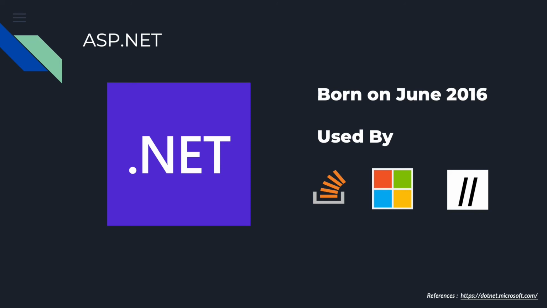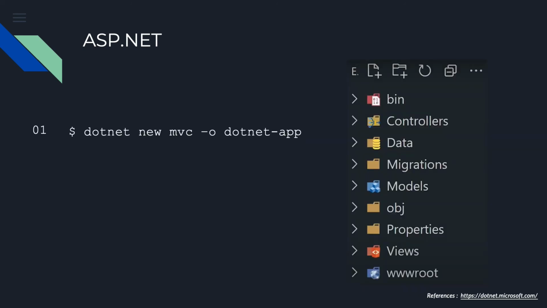It is used by many big corporations like Stack Overflow and Microsoft. To use it, install the .NET SDK and generate a new MVC application. The initial project structure is pretty clean. Everything is clearly named and it's not too overwhelming. You get awesome tooling and static typing like you get in Java.